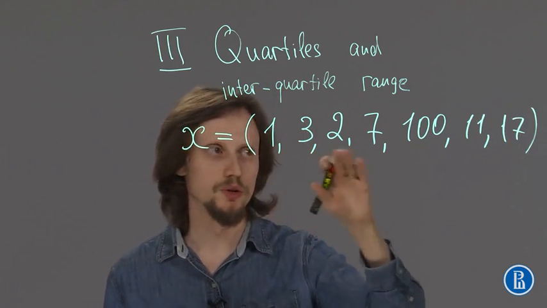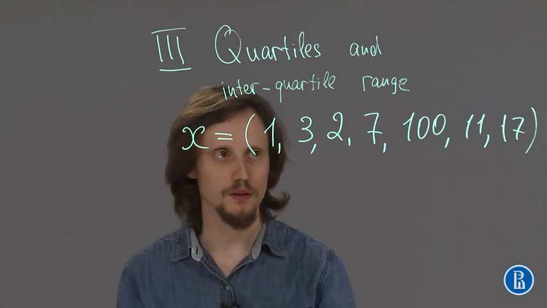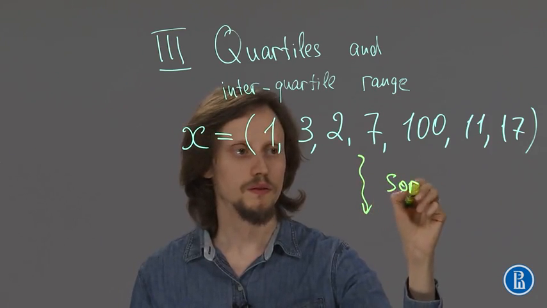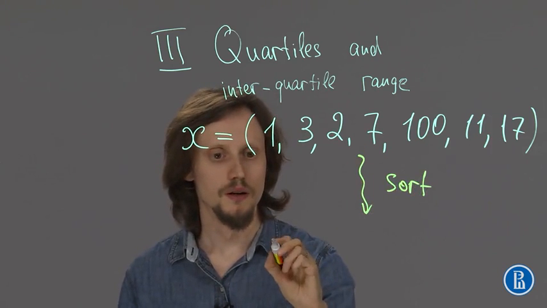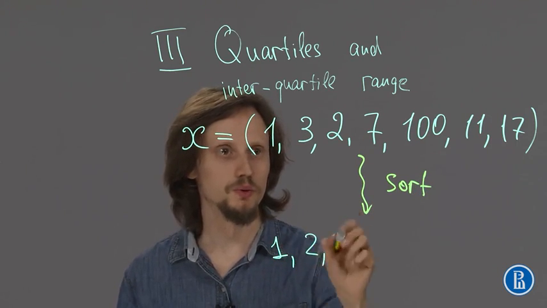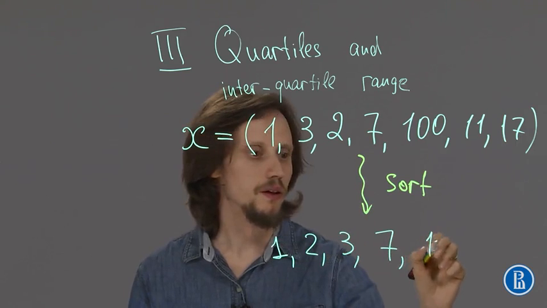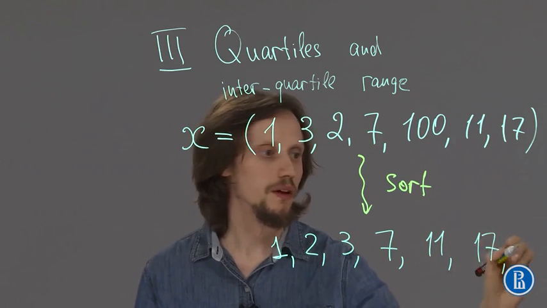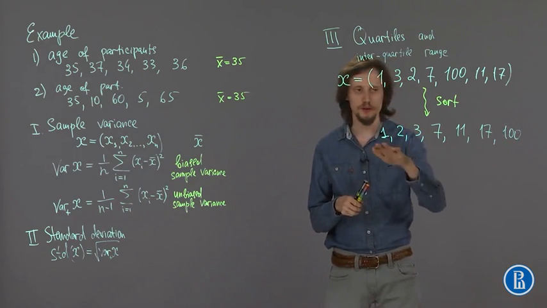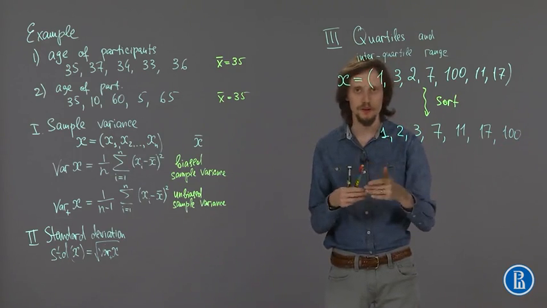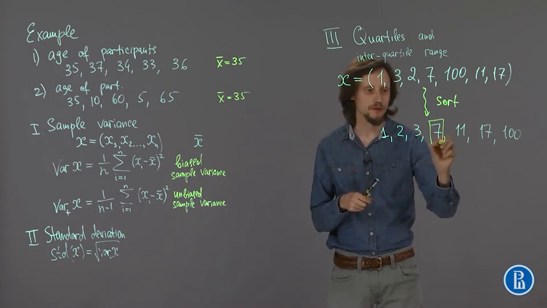First, I have to sort this series of numbers and get the following series. 1, then 2, then 3, then 7, then 11, then 17, then 100. In this sorted series, again, as we did previously, I denote the center, which is the median.